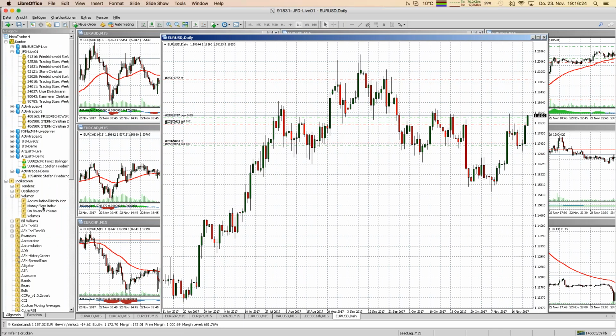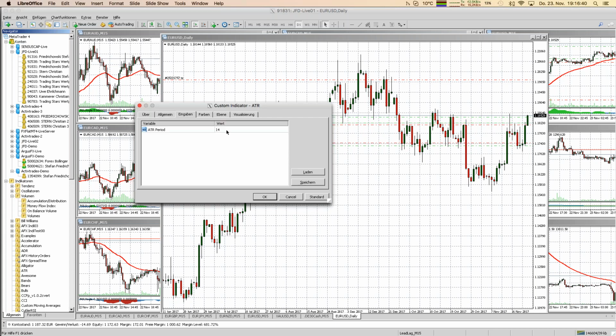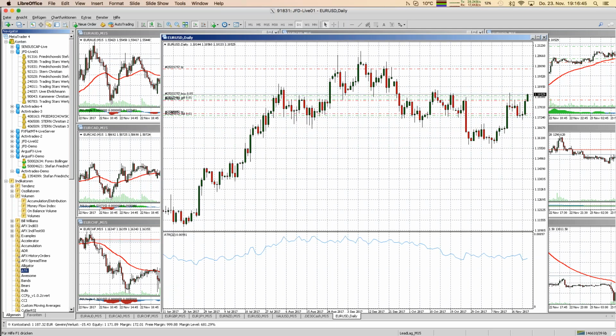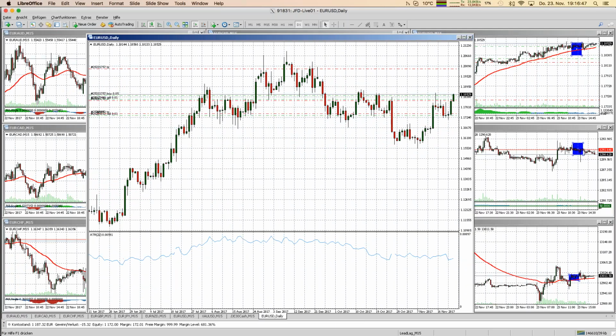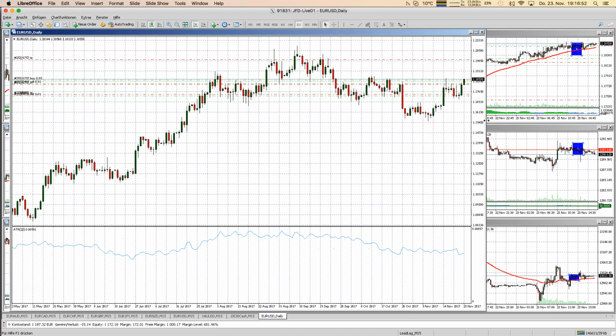And what we need else is an ATR in order to illustrate what I want to do here with order placement. I always use a fixed minimum because then the ATR is telling me a little bit more. You will see in a minute what I mean. And I go for an ATR period of 22, just representing 1 month. And now I can put this here a little bit further. So now I think we have everything we want to have here.